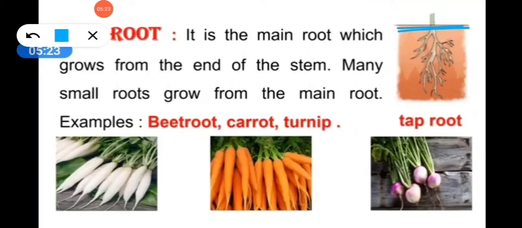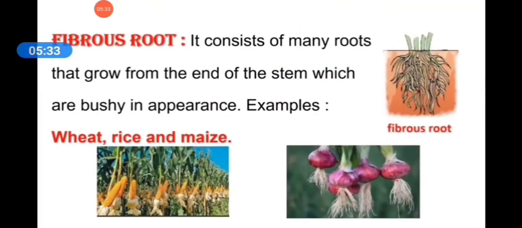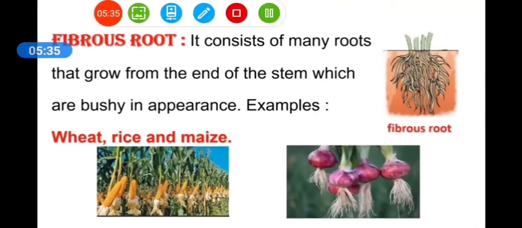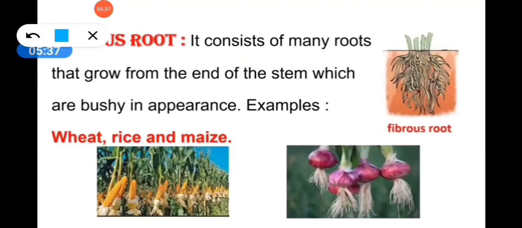Many small roots grow from the main root. Example, beetroot, carrot, turnip, etc. Fibrous root. It consists of many roots that grow from the end of the stem, which are bushy in appearance. Examples, wheat, rice, maize, etc.